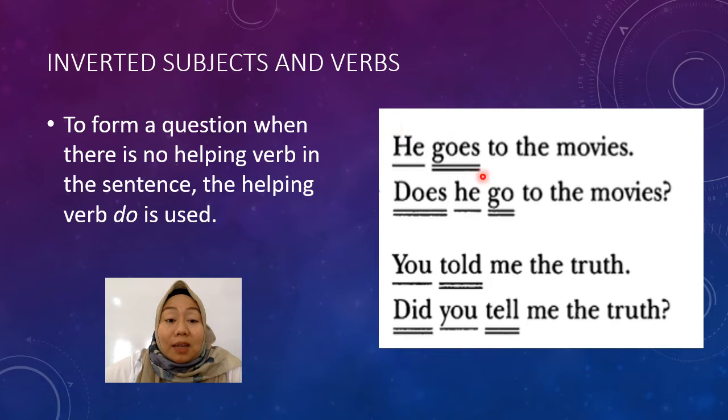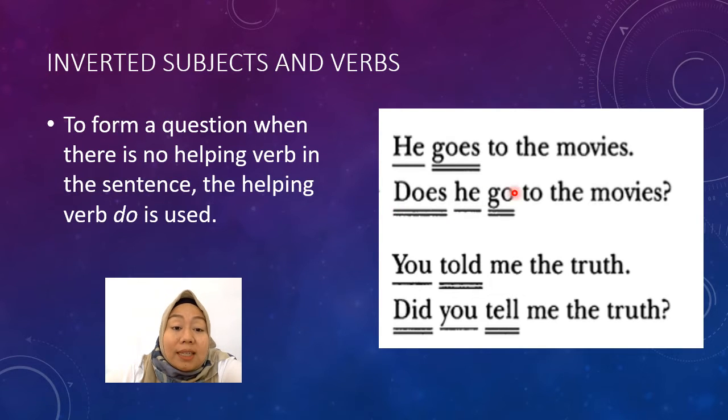See, subject and verb. There is no be form, right? Now, if there is no be form, we should add do or does depending on the subject. If the subject is singular like this, then it is does. If the subject is plural, say for example they, then it is do.